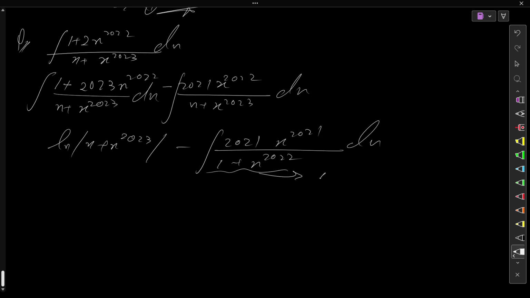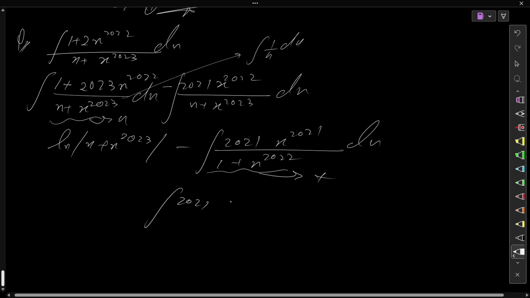And if I take this as t, I've taken this as u, and then I have cancelled the upper part. Of course this is becoming integral of 1 over u du, and this could be written as 2021 x to the power 2021 divided by t dt by 2022 x to the power of 2021.